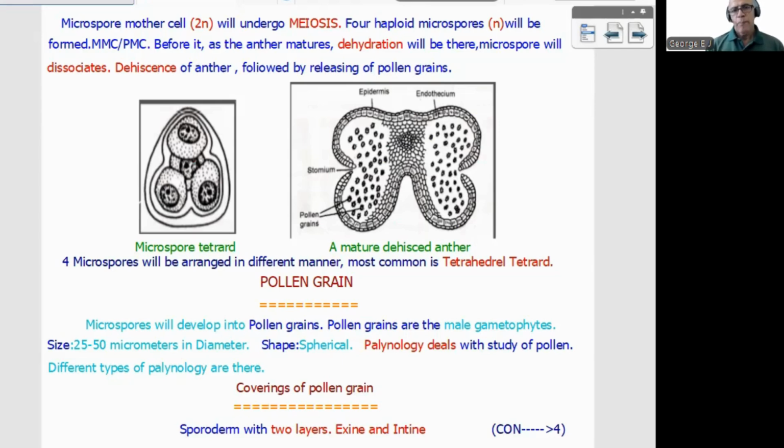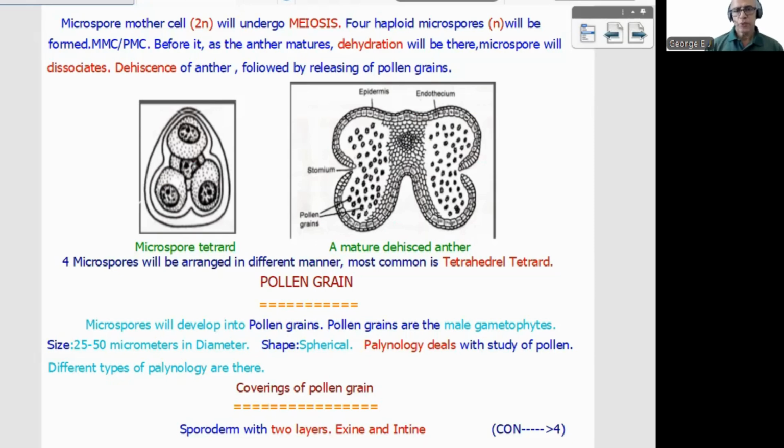And palynology deals with the study of pollen grains. So 3 aspects: microspores, pollen grains, male gametophyte, size 25 to 50 micrometers, shape usually spherical, and palynology deals with the study of pollen grains.